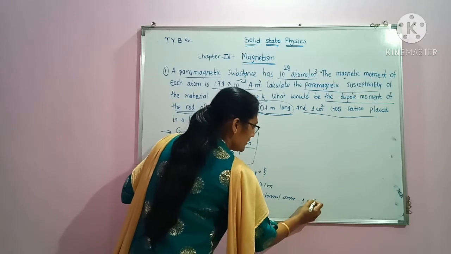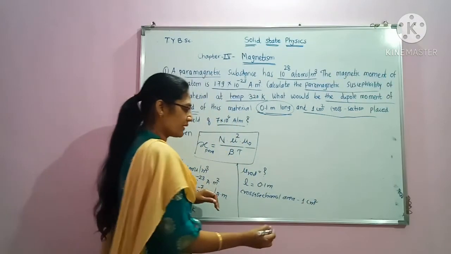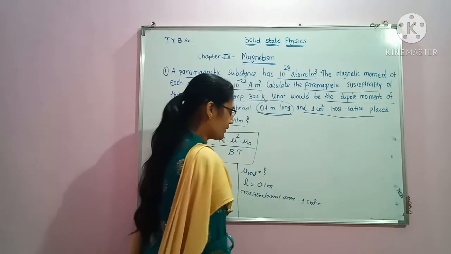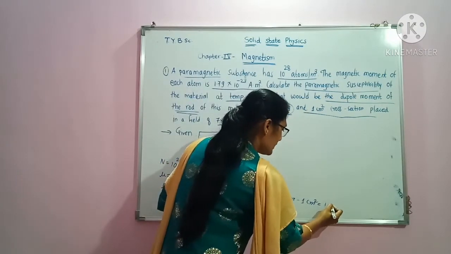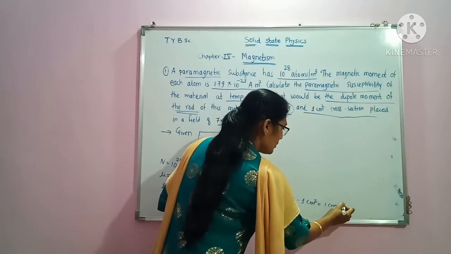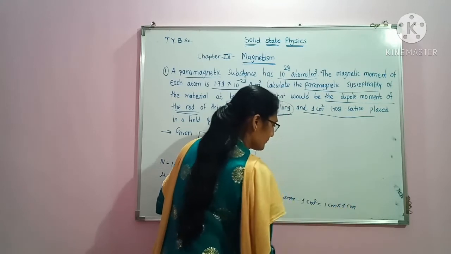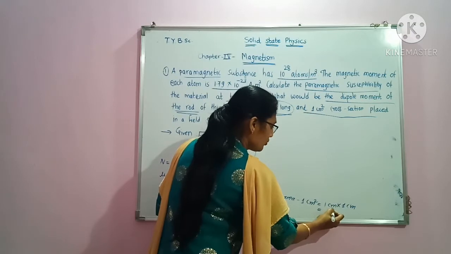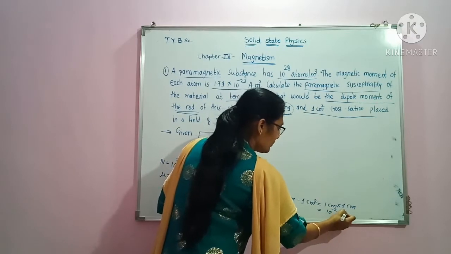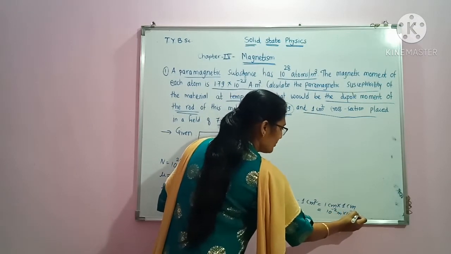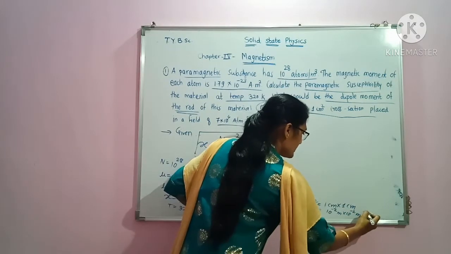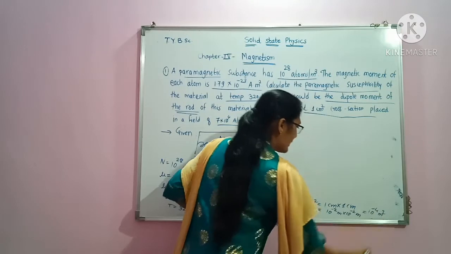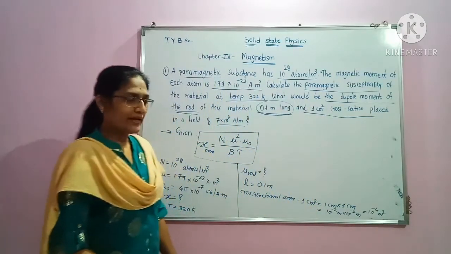So in meter square, 1 centimeter into 1 centimeter, in meter, will be 10 raised to minus 2 meter into 10 raised to minus 2 meter. So the cross sectional area is 10 raised to minus 4 meter square.